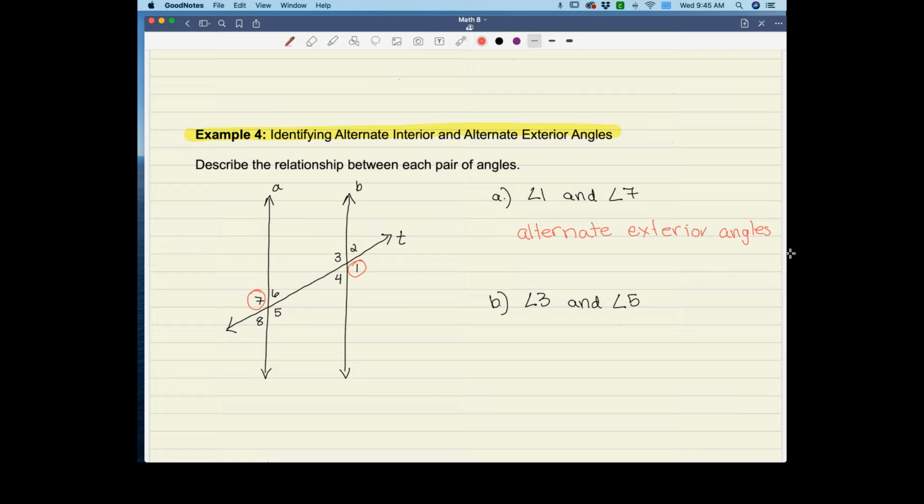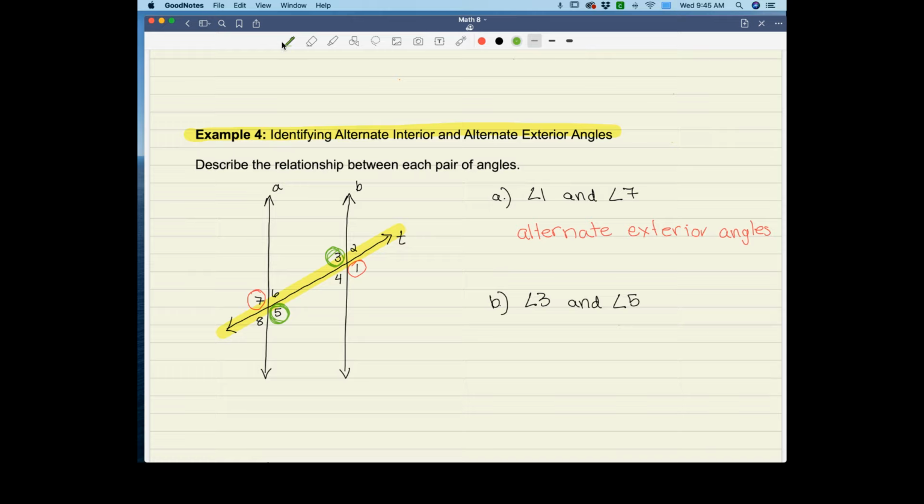Now, for angles 3 and 5, let's go ahead, we'll get a different color. Angle 3 is right here, and angle 5 is right here. So same question. Compared to my transversal, and remember that transversal is right here, are these lines on the same side or are they on the opposite sides?